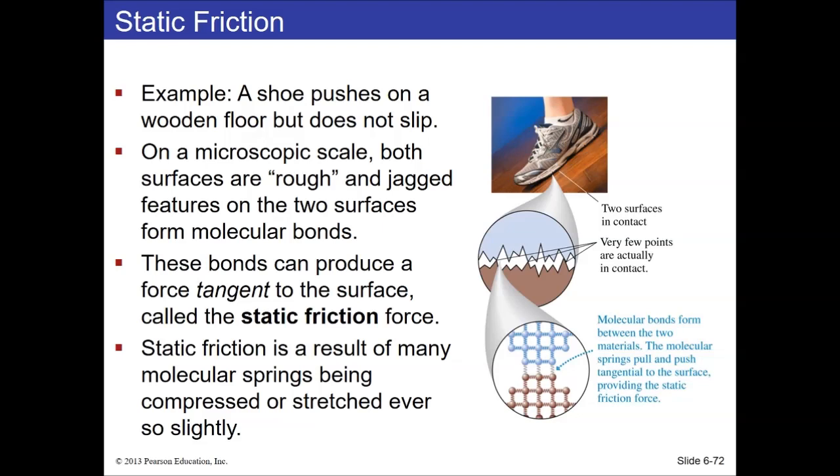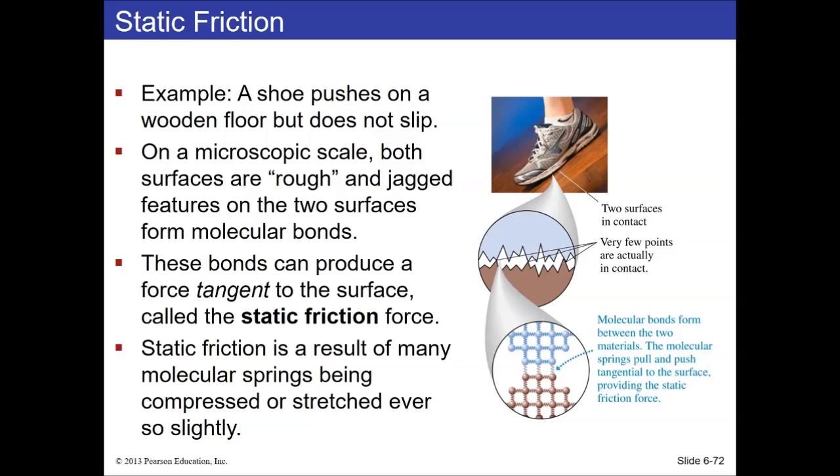And because of that, there is an inherent resistive force that acts on objects. If they don't move relative to each other, but they would if there were no friction, we of course call that static friction. And static friction is always going to be perpendicular to the normal force, or in other words, it's always going to be parallel to the surface. So it's going to be in the direction of motion, or the direction that the motion would take place.